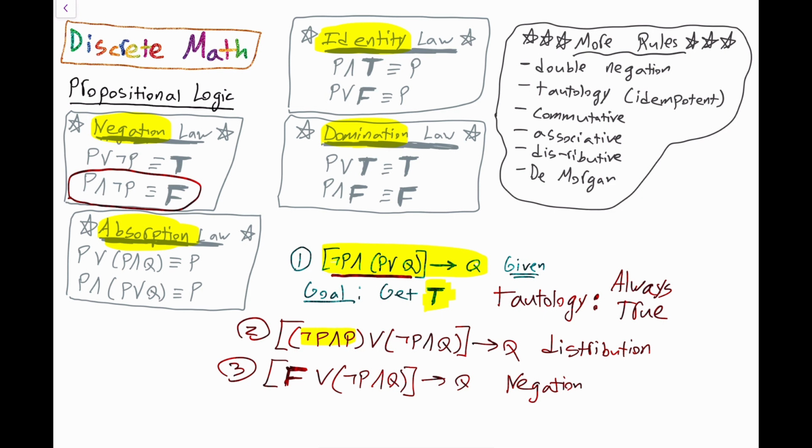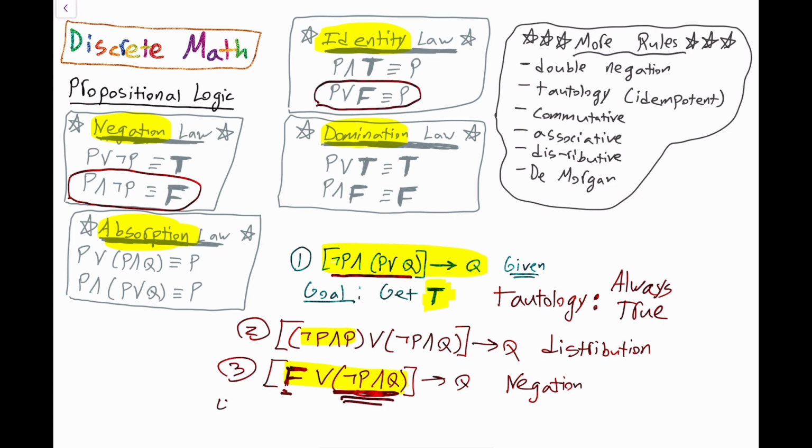Well, we have a disjunction here. What's the truth value of that? It's going to entirely depend upon this value here. Because we know this option is false, the truth or otherwise of that disjunction entirely relies on that not p and q. So we really have the identity law.